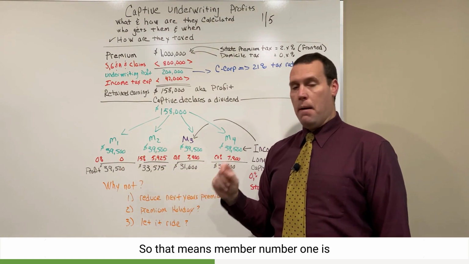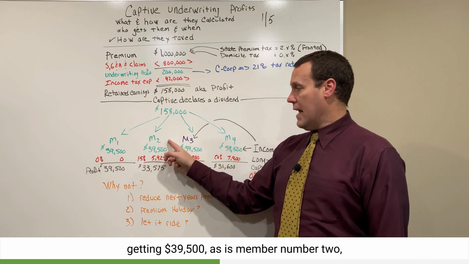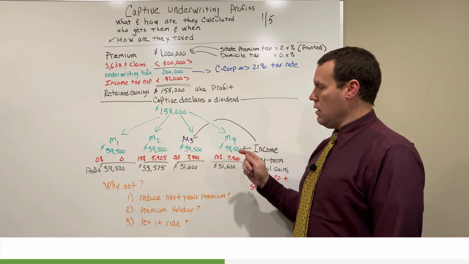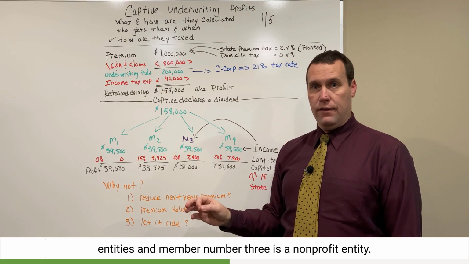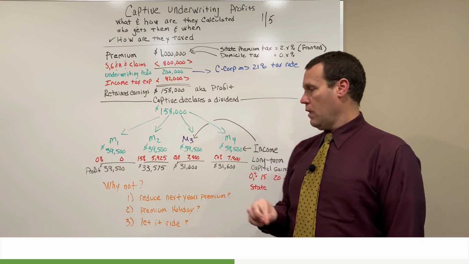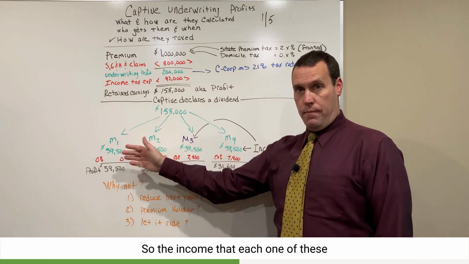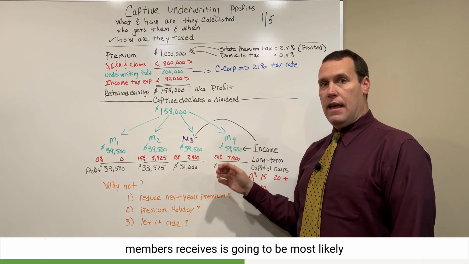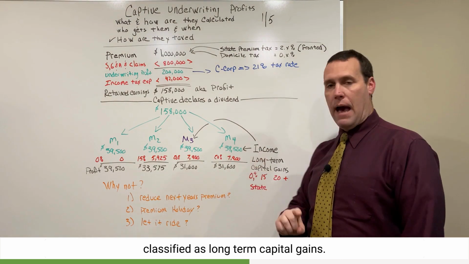So that means member number 1 is getting $39,500, as is member number 2, member number 3, and member number 4. Now, member 1, 2, and 4 are for-profit entities, and member number 3 is a non-profit entity. So, the income that each one of these members receives is going to be most likely classified as long-term capital gains.